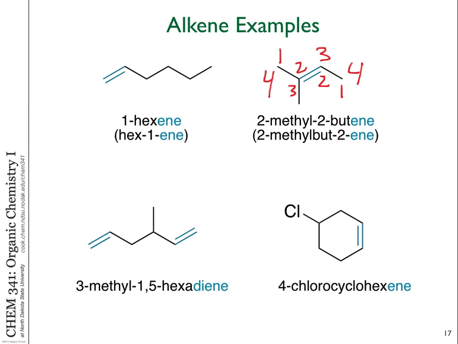So either way you number it, the alkene is on the 2-carbon. That really isn't the distinction between numbering it from one side or the other. If it's the same numbering from both sides, then you go to the alkyl substituent. In this case, the methyl group is closer to the left side, so we give that the number 2. Okay, make sense? Not that hard.